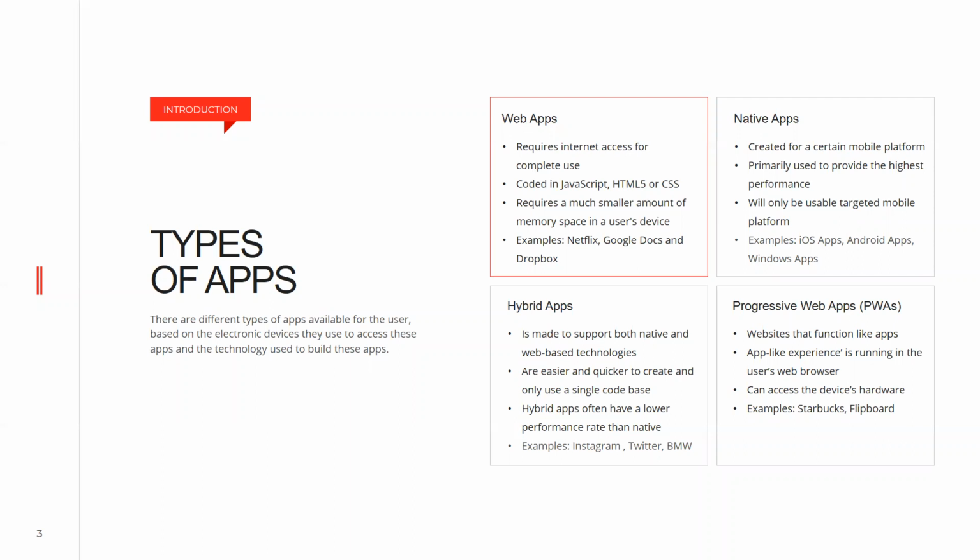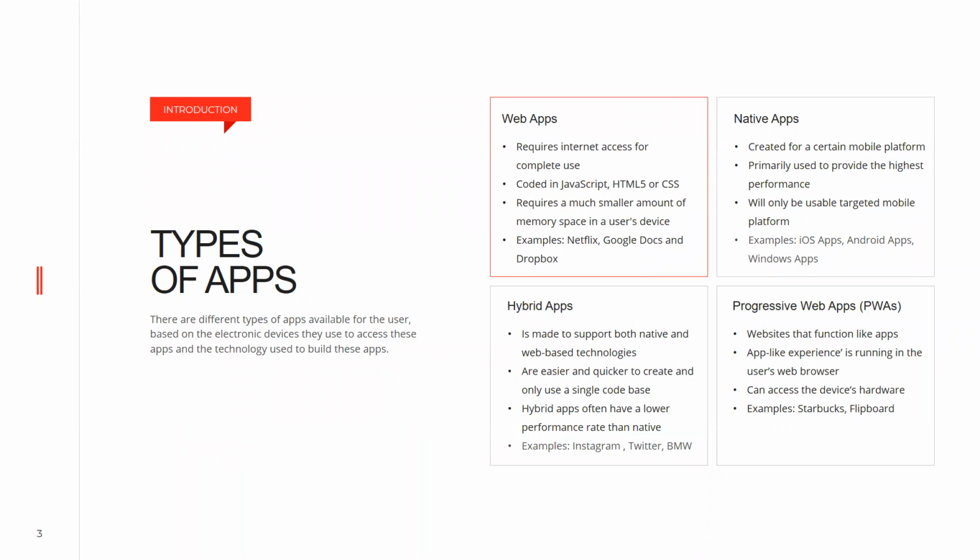And then there is something called progressive web apps, or PWAs. These are your typical websites, but they have some functionality which is like an app. So the experience that you get is like an app experience. These applications also run in your web browser.